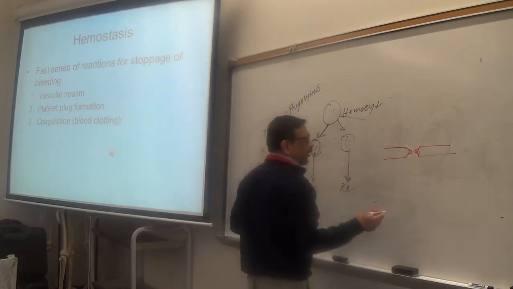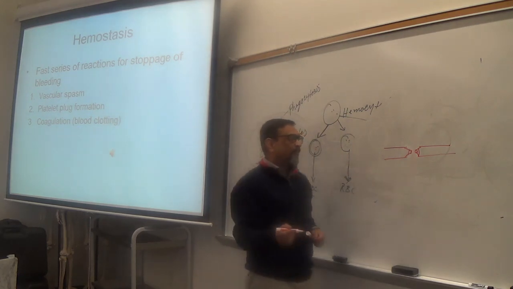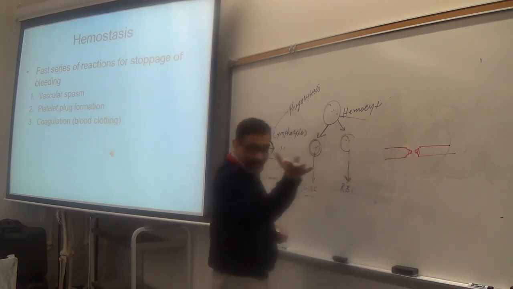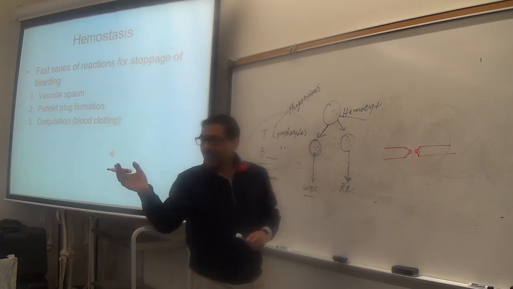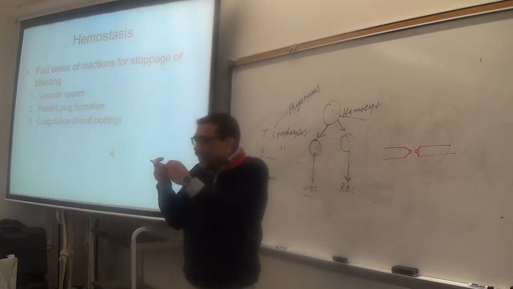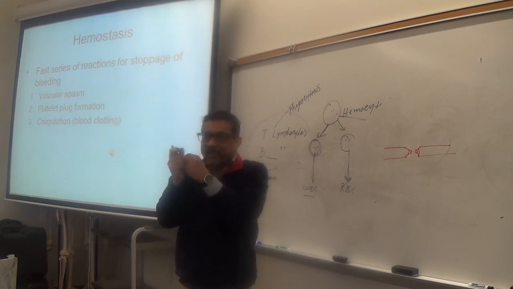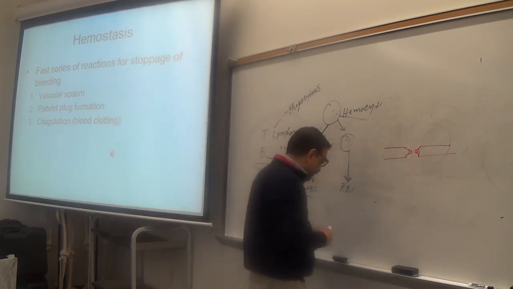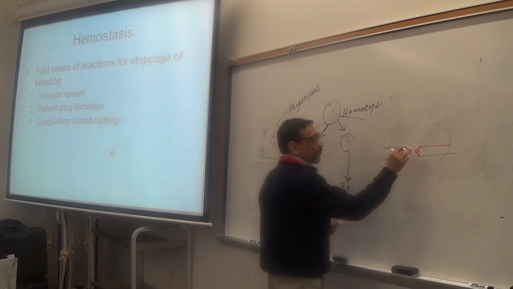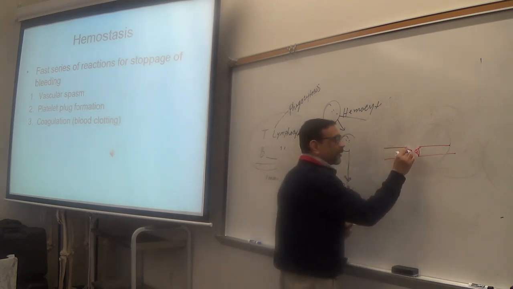So number 1. Number 2, I mentioned a few minutes ago, platelets can form a plug. Remember that? They get attached to each other because they are sticky. So the platelets will get attached to that area and form a plug.